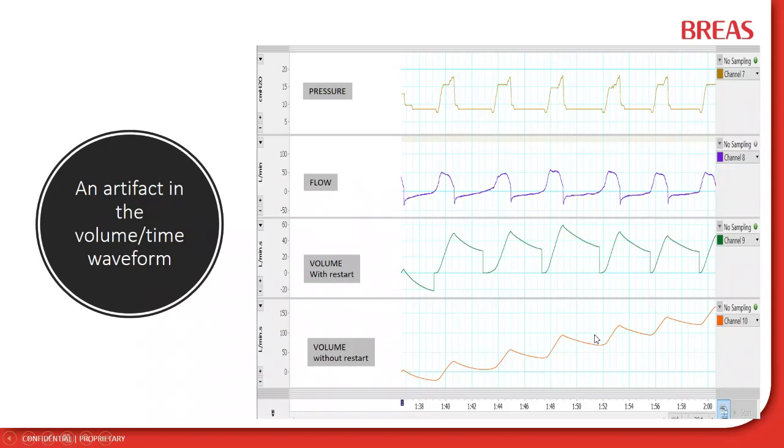To avoid this, manufacturers that present the volume time waveform in their built-in software usually restart the volume waveform when the blue waveform, the flow waveform, crosses the 0 point from negative to positive, and it's typically this morphology when positive and negative areas are not well balanced.